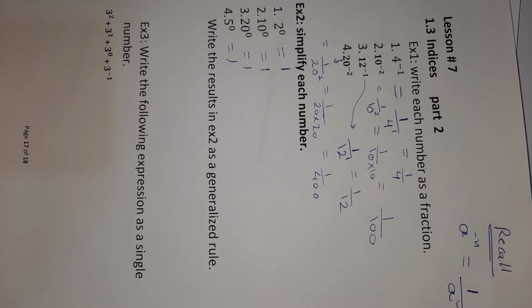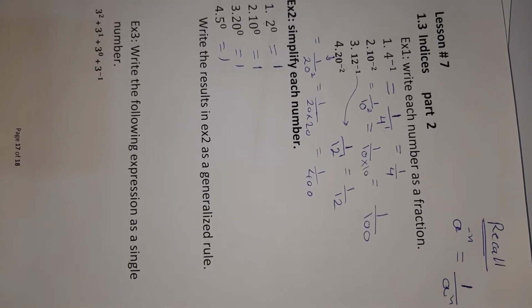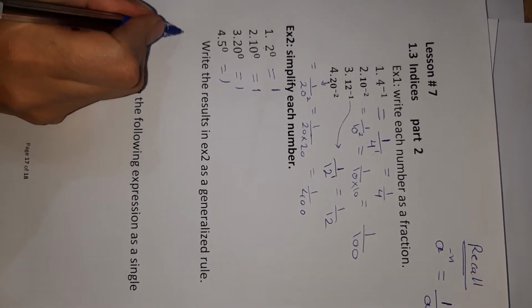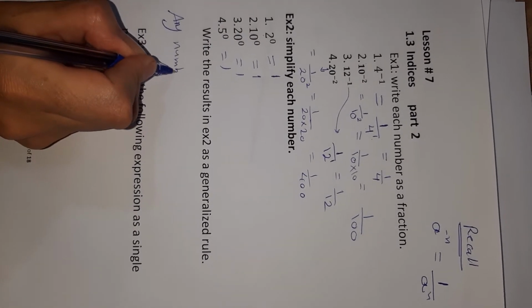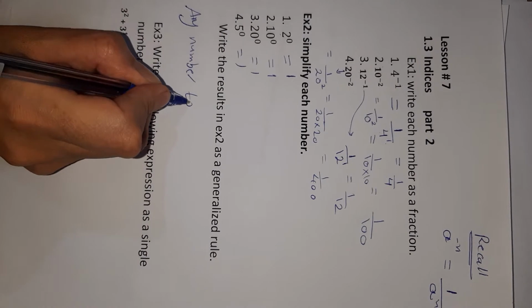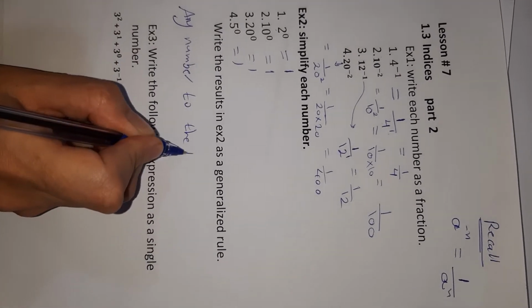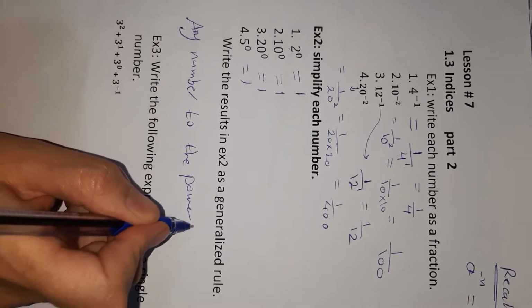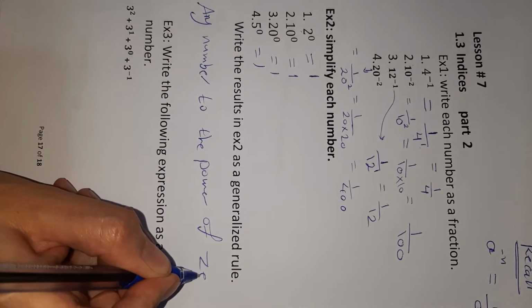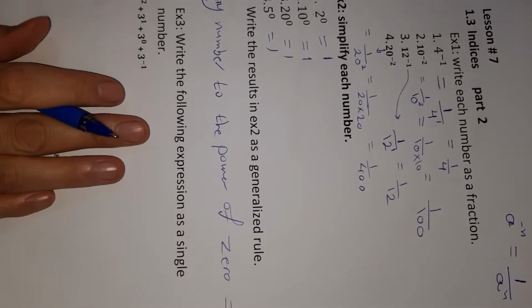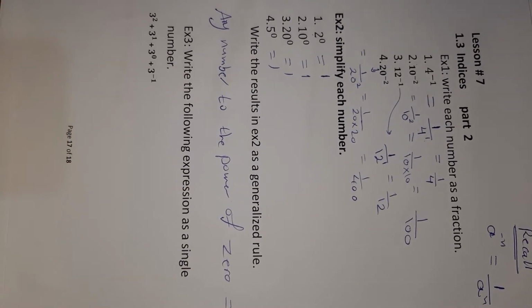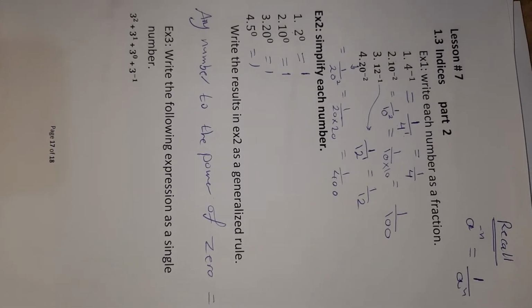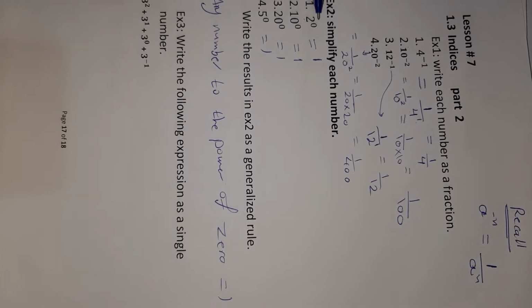What is the generalized rule here? Any number to the power of 0 equals 1. So from exercise 2, we can say that any number to the power of 0 equals 1.